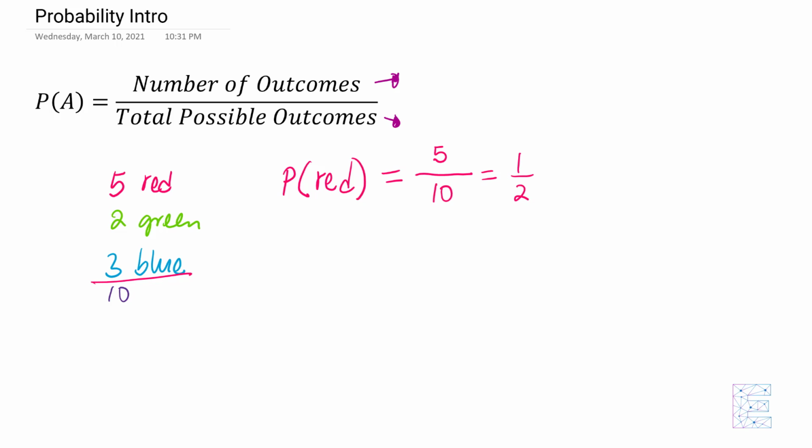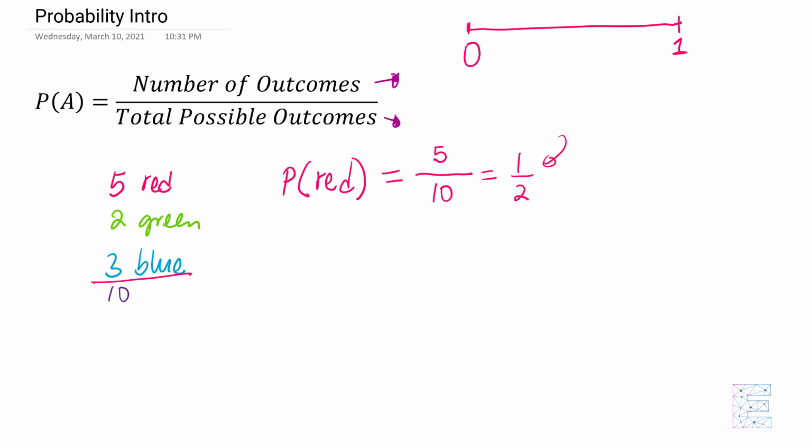Now let's pause here for a minute and talk about how to write the answer for probability. I want you to know that probability can be a number between 0 and 1. It's never going to be less than 0, neither will it ever be more than 1. And you can represent the answer as a fraction, like you see here. We have 1/2 as our answer.